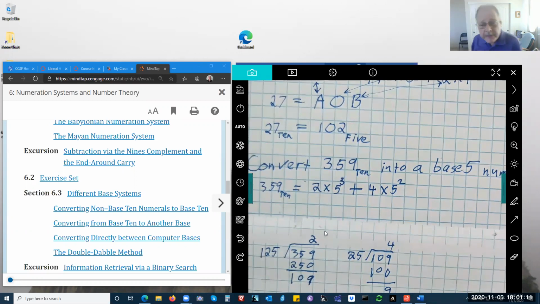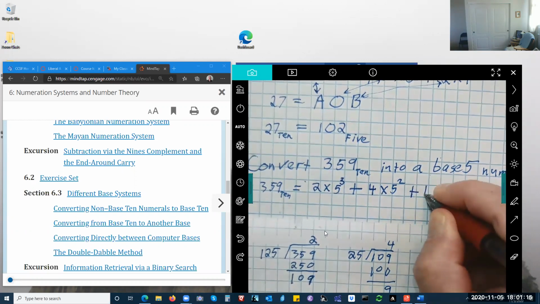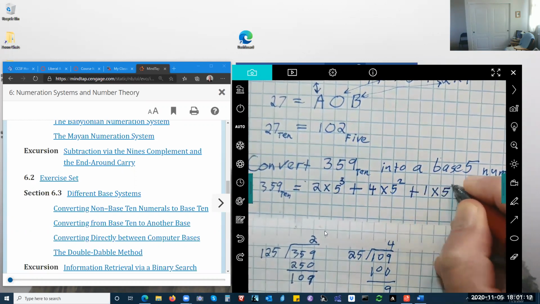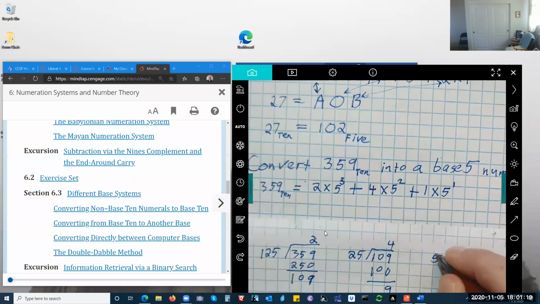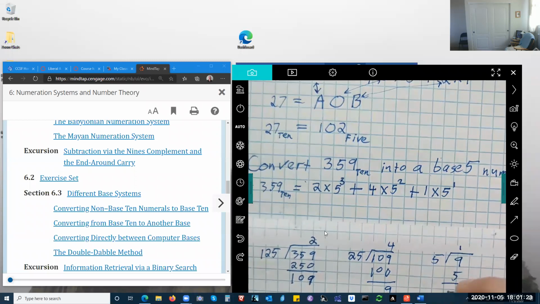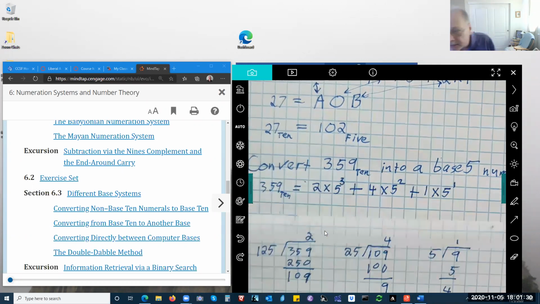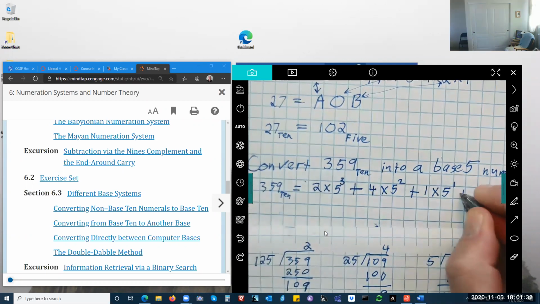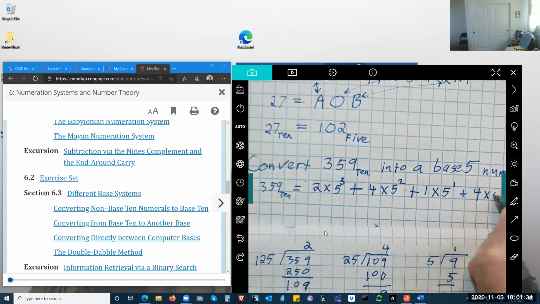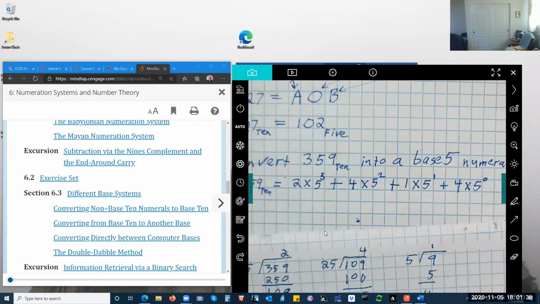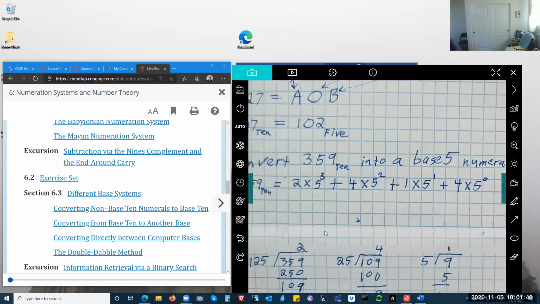How many 5s will fit in there? And then we have 4 1s left at the end. 4 1s.